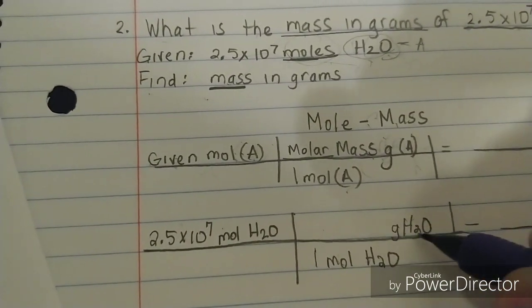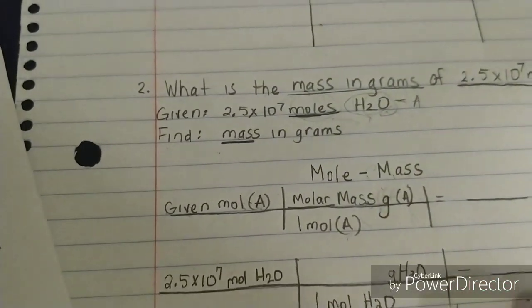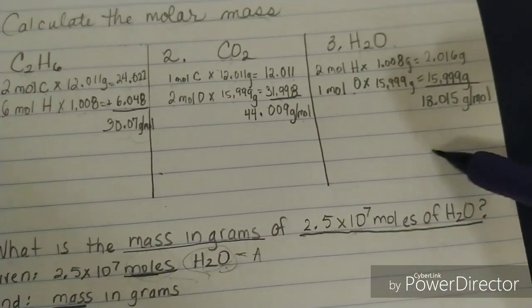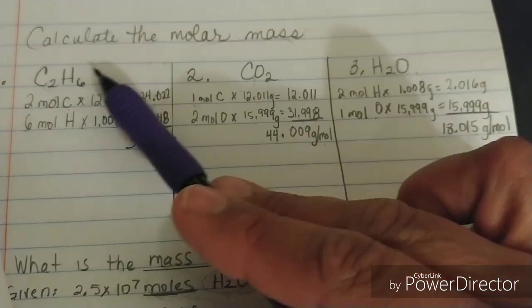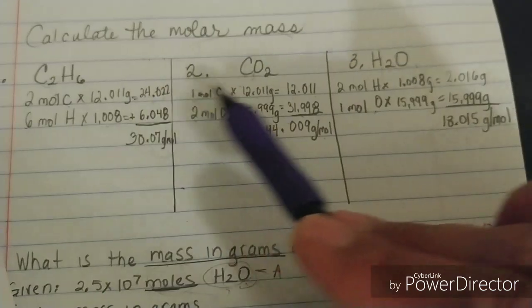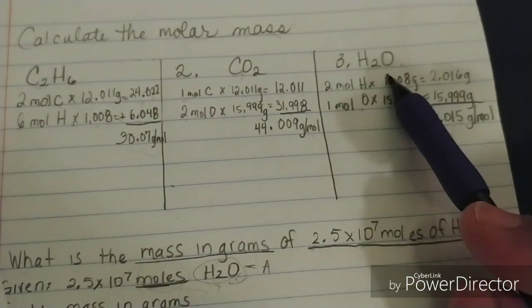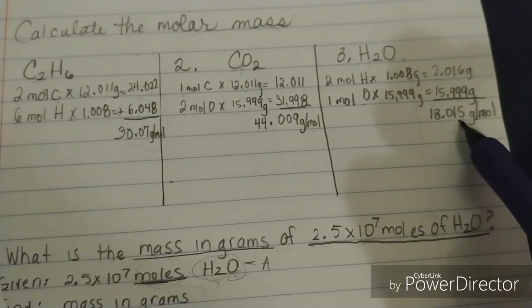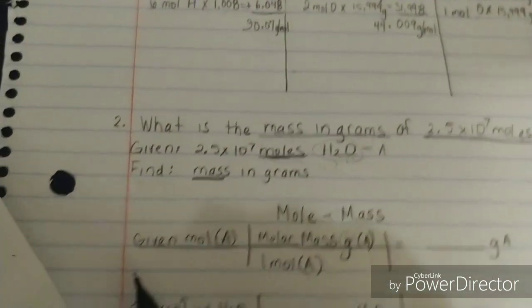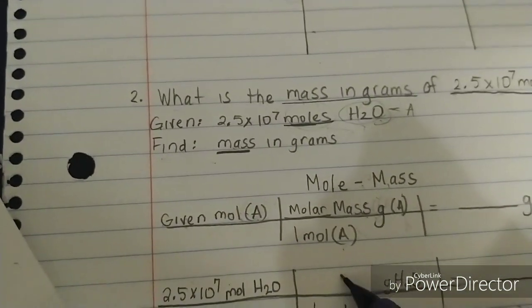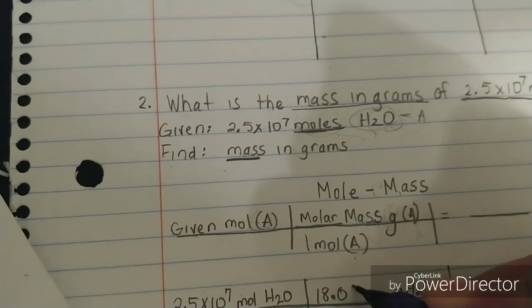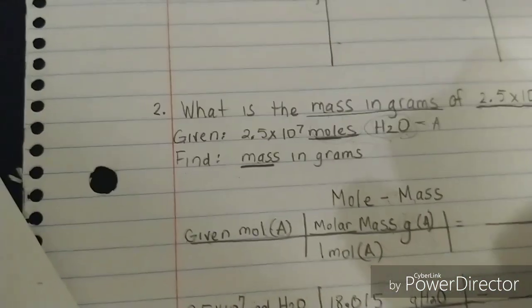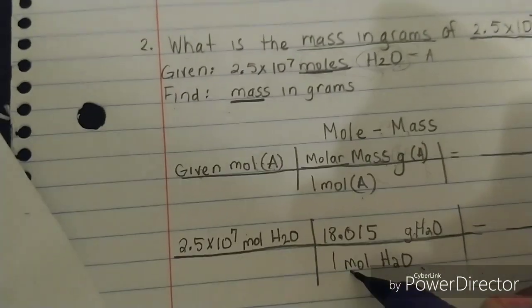So we need to get the molar mass of H2O. But this was set up in a way where you would have already figured it out. So our molar mass, which is what we had to calculate for numbers 1, 2, and 3, our molar mass of water is 18.015 grams per mole. So that means that that number goes here. 18.015. This is a grams, this is a per mole part.